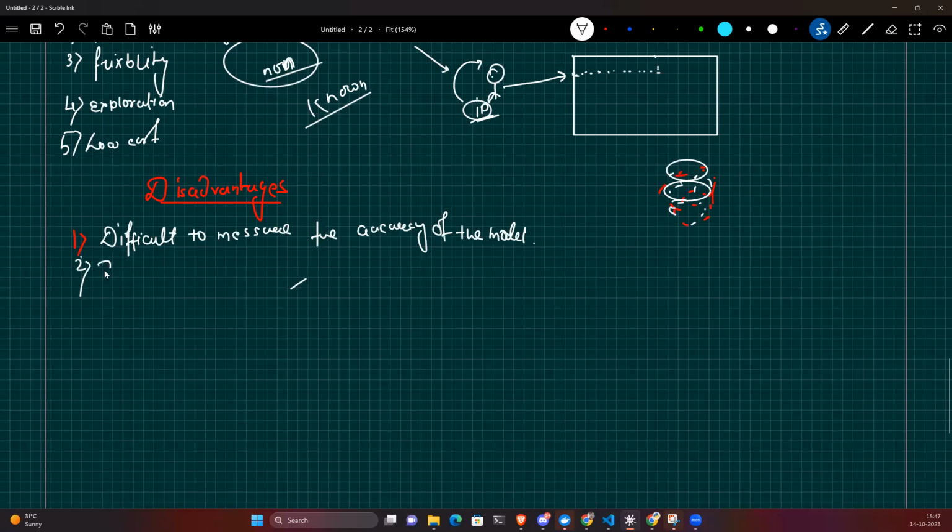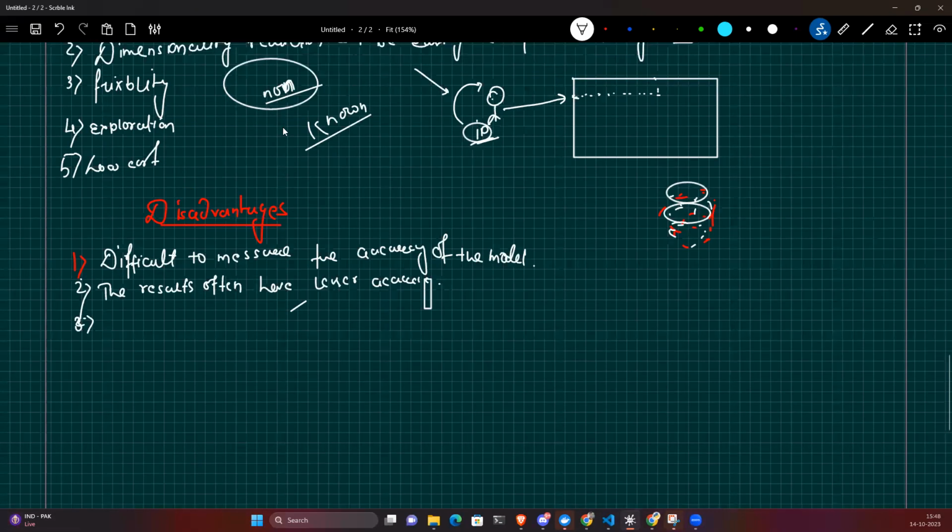So these are the two disadvantages, I could say, of unsupervised machine learning.